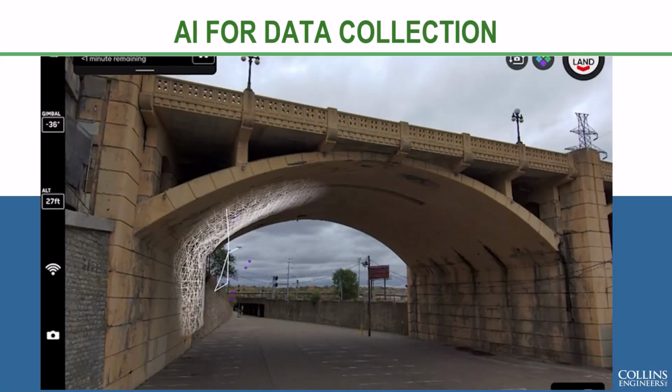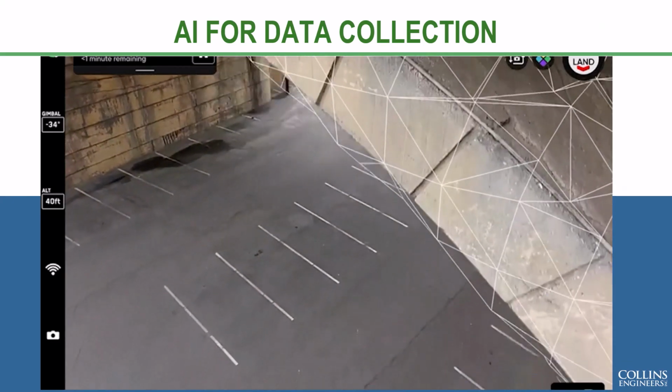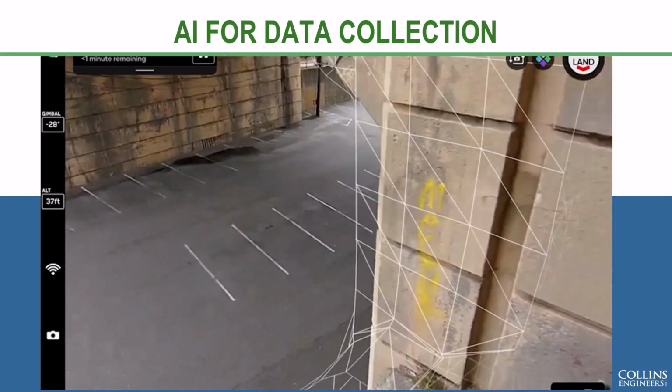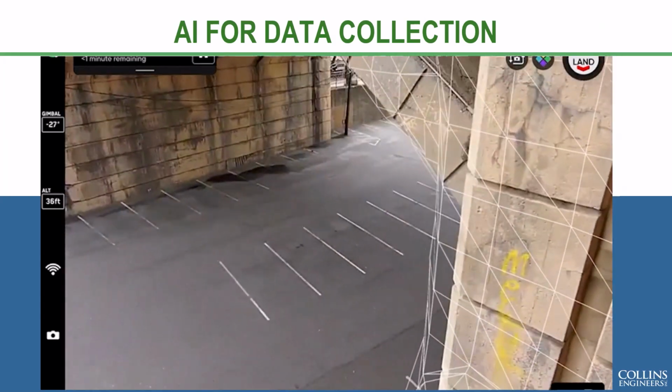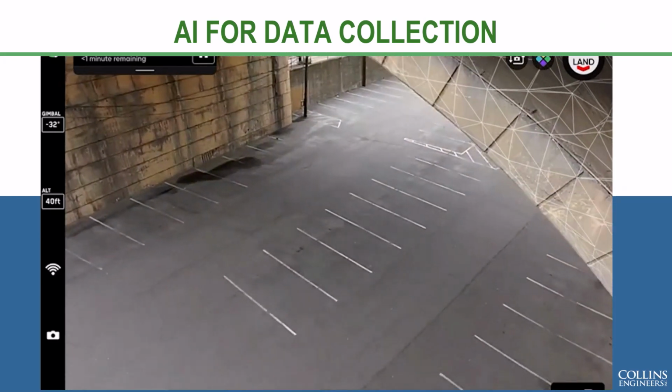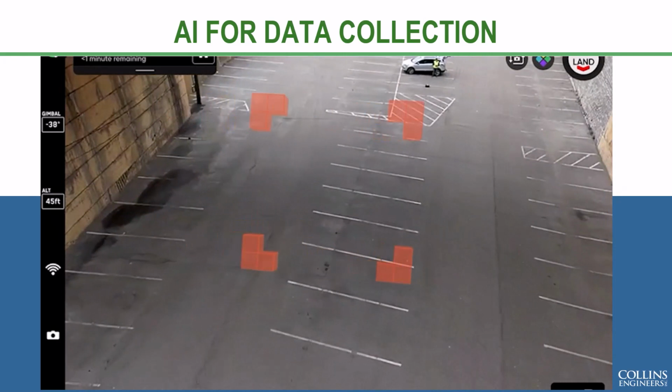We used a Skydio 2 Plus to collect the data. Almost all the data was captured using autonomous flight. This is a function of the Skydio 2 Pluses. They use both a visual system to navigate where they're at, and then also some GPS enabled. But basically what you're seeing is the AI of the drone actually picking up the different surfaces.